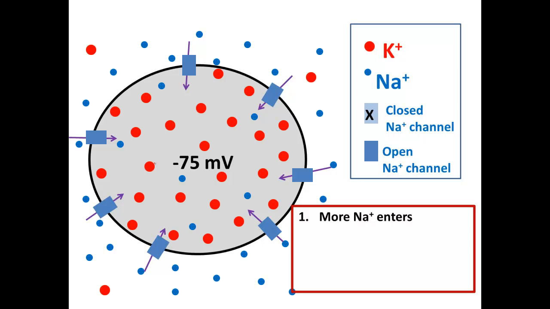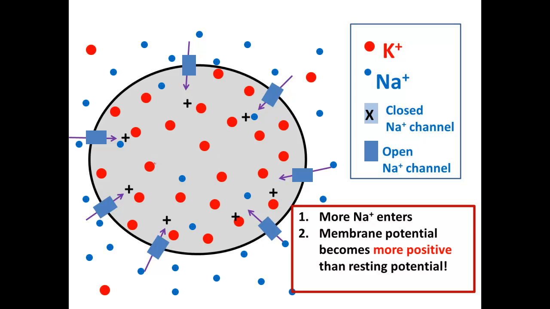So when the sodium goes in, it's going to be carrying that positive charge with it. That is going to make the membrane potential become more positive than the resting membrane potential value normally is.